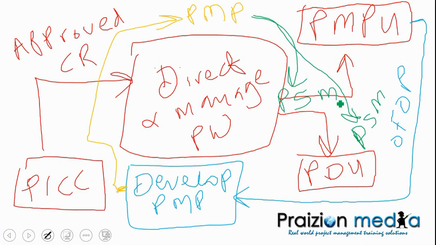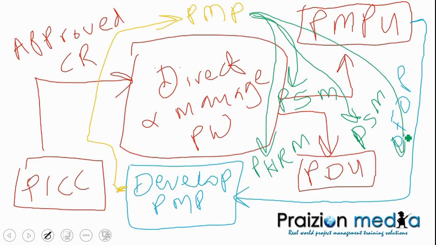So whatever aspects of these subsidiary plans need to be updated, they will somehow get updated explicitly or implicitly as part of your project management plan that is going to go in for the second or third or fourth iteration. You see what I'm saying? This will also go to plan human resource management, for example. See, the project management plan is also an input to plan risk management. Yeah? And of course, those subsidiary plans fuel other processes and the cycle just continues.